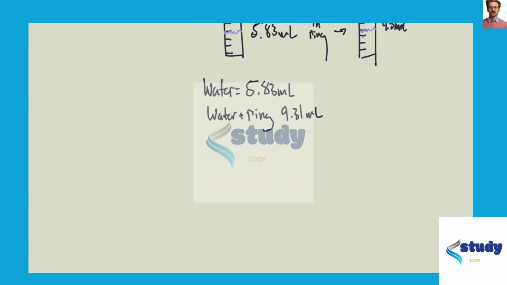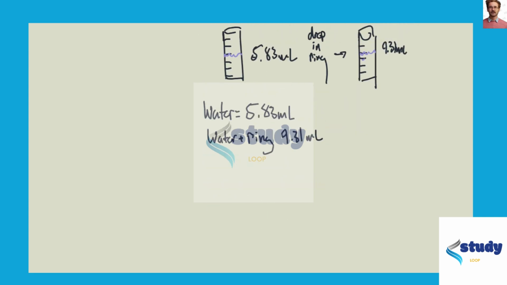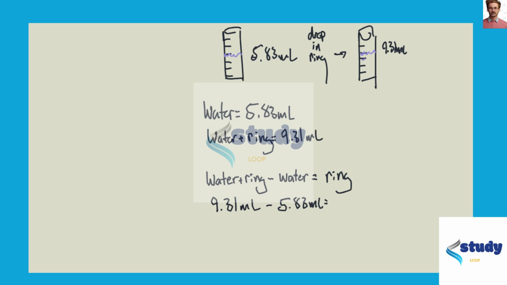And so to ascertain the volume of just our ring, we would take the volume of the water plus ring minus the volume of the water to get the volume of the ring, or 9.31 milliliters minus 5.83 milliliters equals... I don't know off the top of my head, but this isn't a real number.